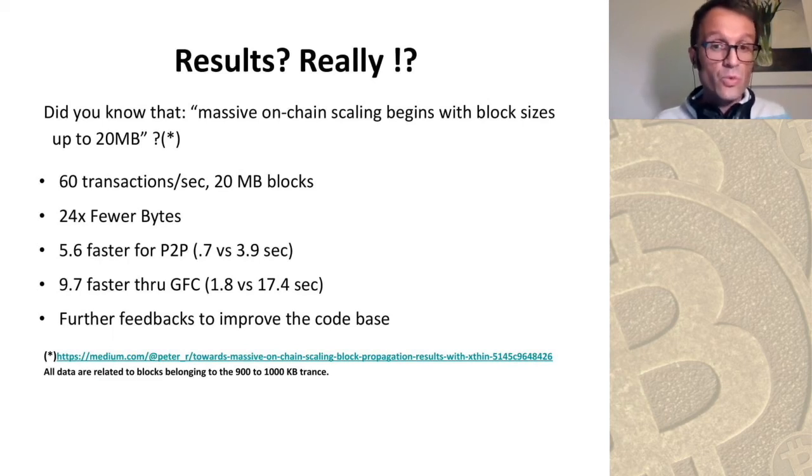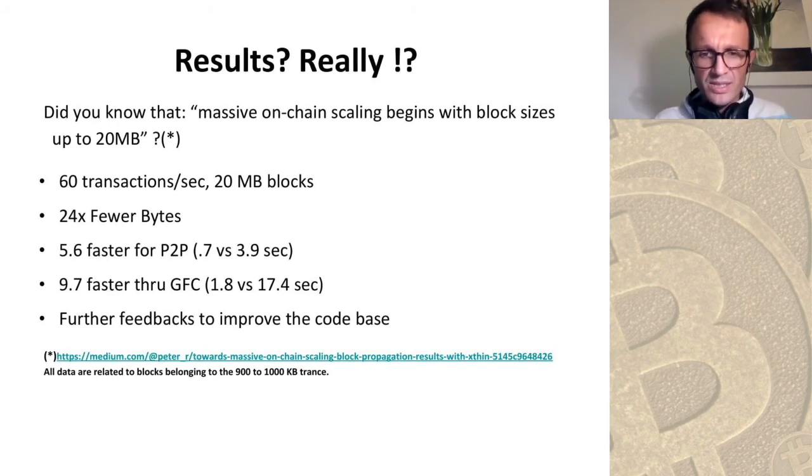That means 20 megabyte blocks. So that means that we could increase the velocity, the speed of the Bitcoin P2P network, by more than an order of magnitude. This is pretty amazing.